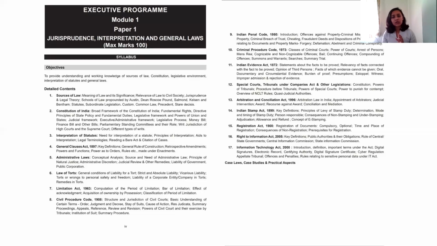These are the topics the Information Technology Act touches upon. And just as we've studied in all the other laws, we will be studying the authorities: who are the authorities involved in regulating the movement of information, the storage of information, etc.